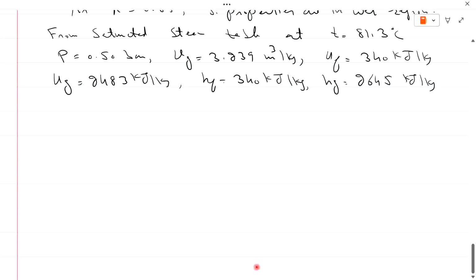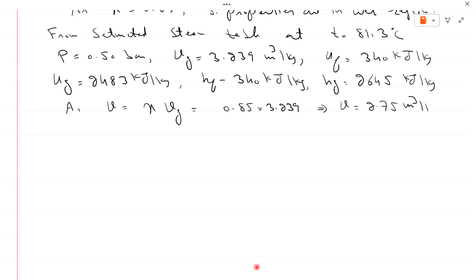So first we find specific volume as v is equal to x vg. The value of x is 0.85 and the value of vg is 3.239 meter cube per kg. So v is equal to 2.75 meter cube per kg.